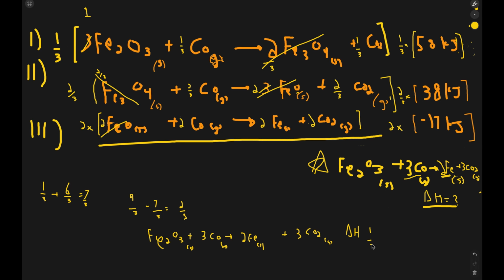So we have 1/3 times 58 plus 2/3 times 38 plus 2 times -17 kilojoules, which equals 10.6 kilojoules.